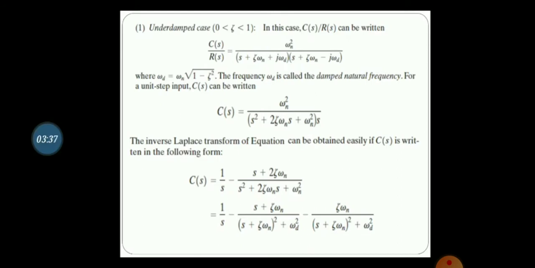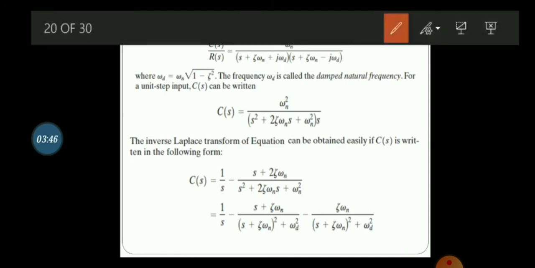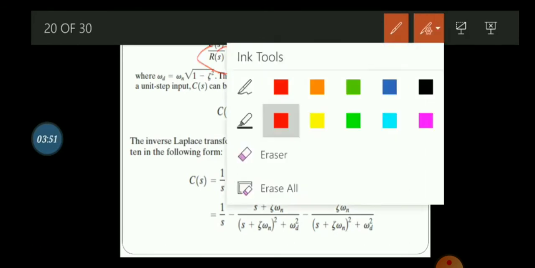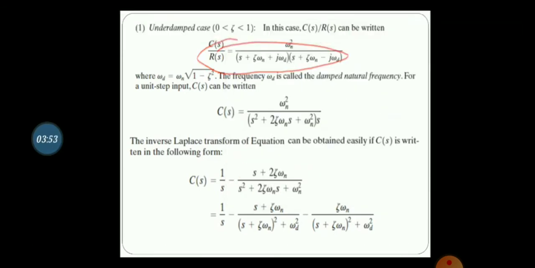In this case, the transfer function can be written as C(s)/R(s) = omega_n^2 divided by (s + zeta omega_n + j omega_d)(s + zeta omega_n minus j omega_d). Here, in place of omega_n square root of 1 minus zeta^2, I substituted omega_d.